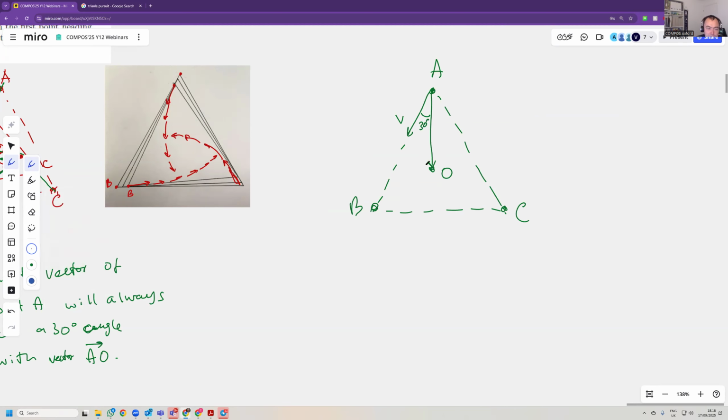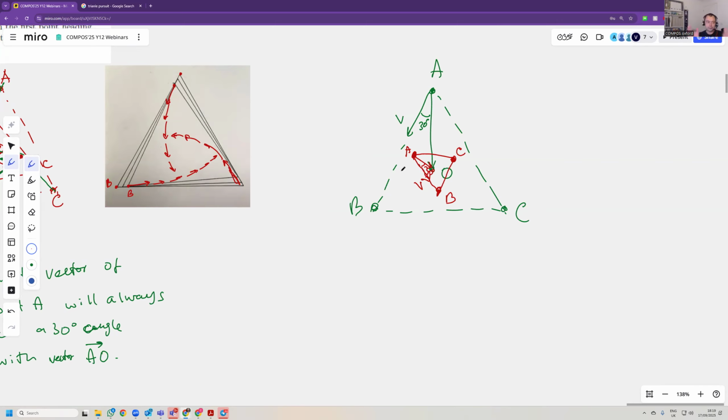Now imagine point A has moved, and now the new position of A is here. The new position of B is here. The new position of C is here. So this is A, this is B, this is C. Now this is vector AO, and this is the velocity vector, V. And because it's still an equilateral triangle, it's still 30 degrees.